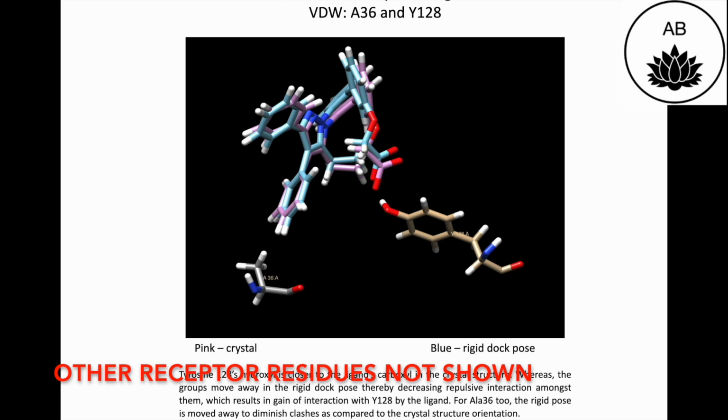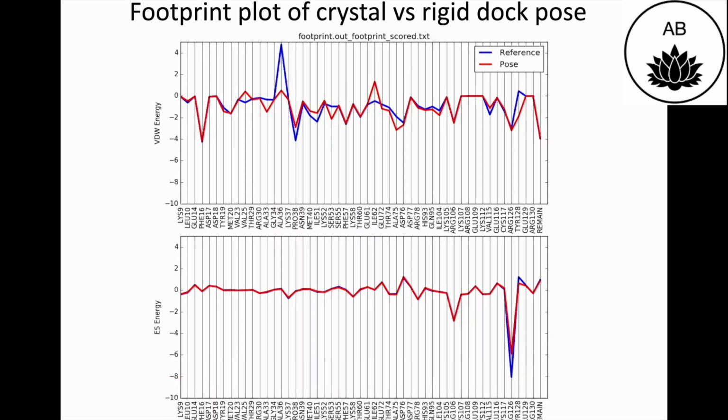I have just done away with all the residues, so I'm just showing the interactions which are relevant here. So if you see, in case of alanine, what's happening is the rigid docked pose, or the blue pose, has moved away a bit, which has reduced the van der Waals clashes. You see this difference over here at the plot.